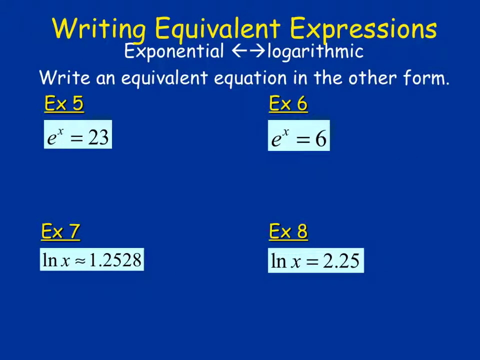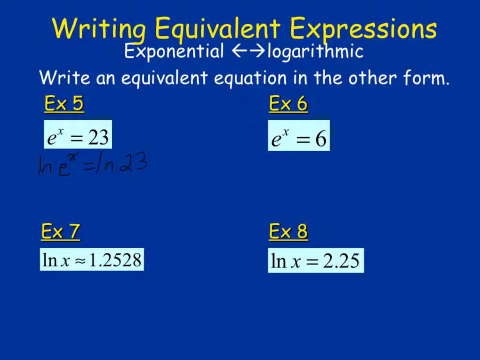Okay, writing equivalent expressions. Remember that exponential expressions can be rewritten as logarithmic expressions. So if I were to rewrite example 5 in log form, I could take the natural log of both sides, because I want to isolate x. And why do I do that?